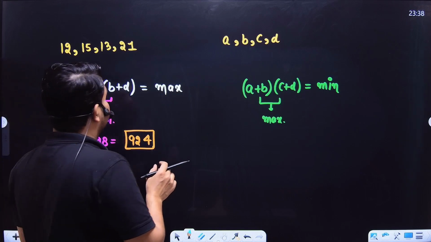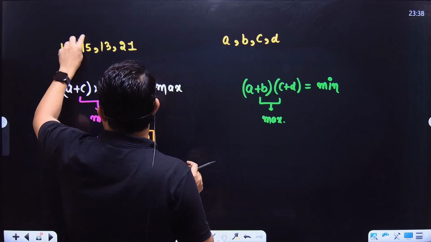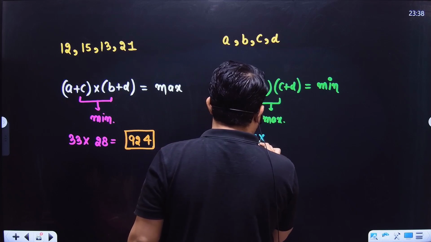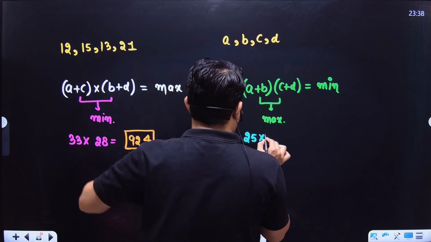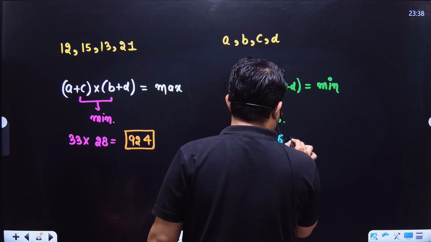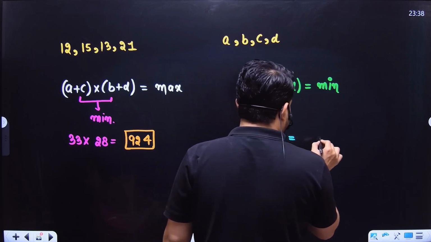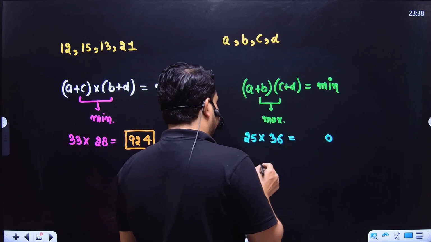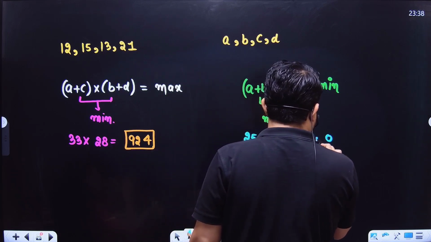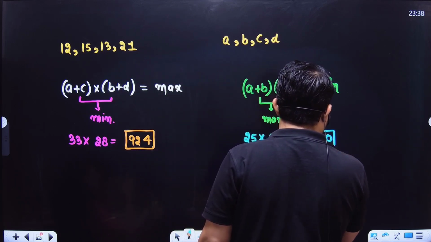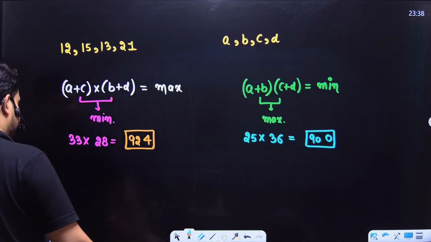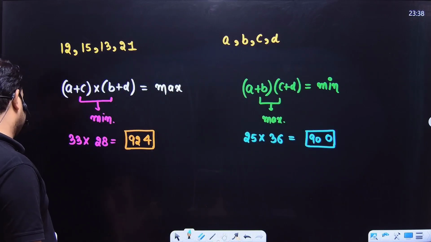You will take the least two values, 12 plus 13, which is 25, into the greatest two numbers, which is 36. 25 times 6 is 150, carry 15, 25 times 3 is 75 plus 15, that is 90. So 900 is the least value and 924 is the greatest value. So this is all about the concept of this question.